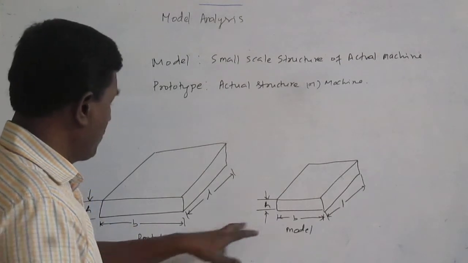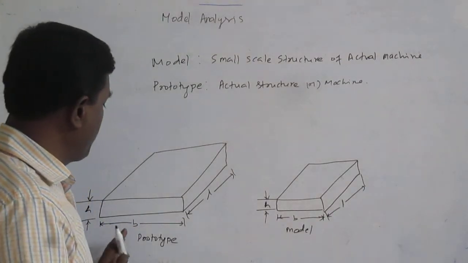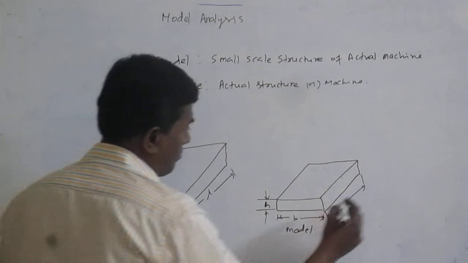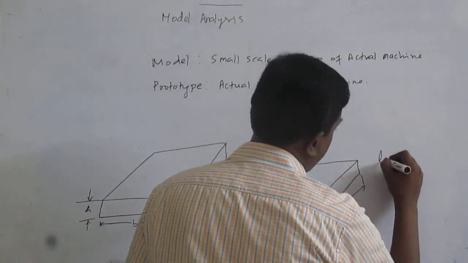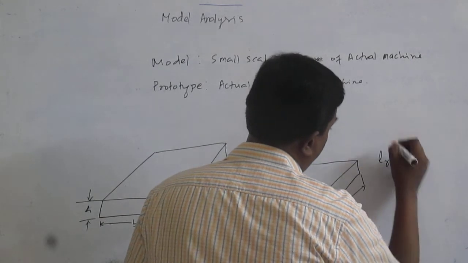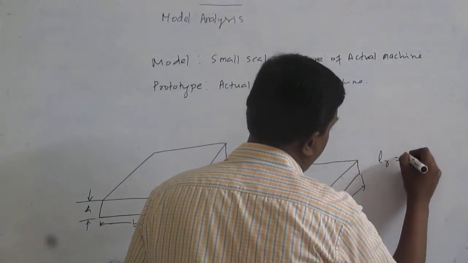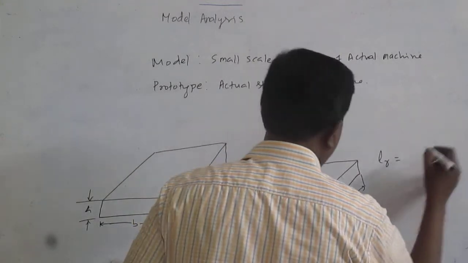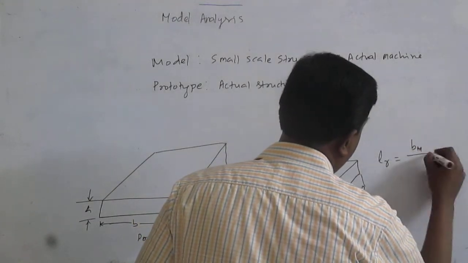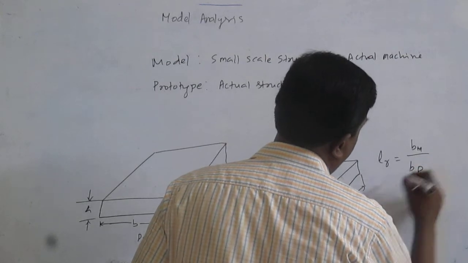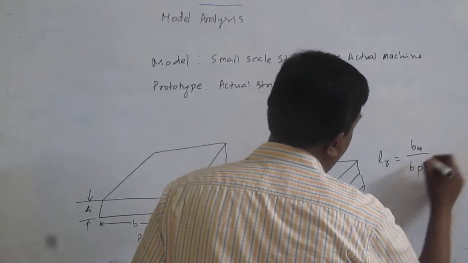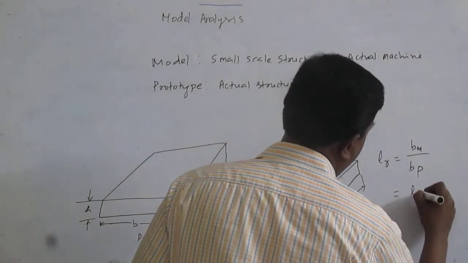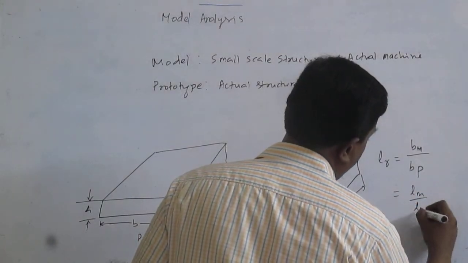So if you want to have the relationship between model and the prototype, we can have the relationship something like this. Length ratio equal to dm by dp. This we can also see as Lm by Lp.